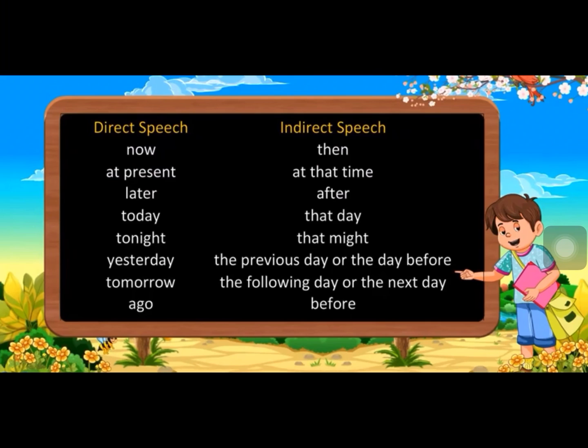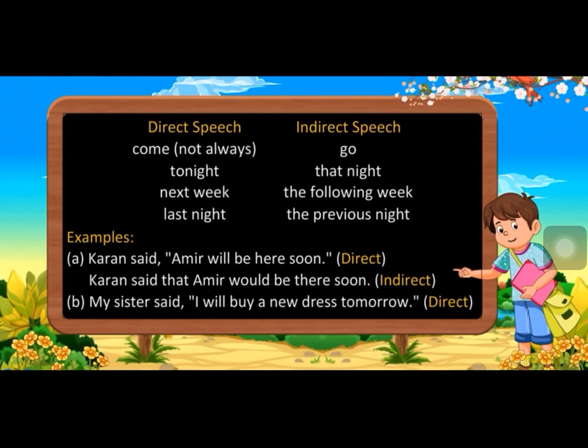Now, then; at present, at that time. Later, after; today, that day; tonight, that night. Here is a spelling mistake, children: that night. Yesterday, the previous day or the day before. Tomorrow, the following day or the next day. Ago, before.